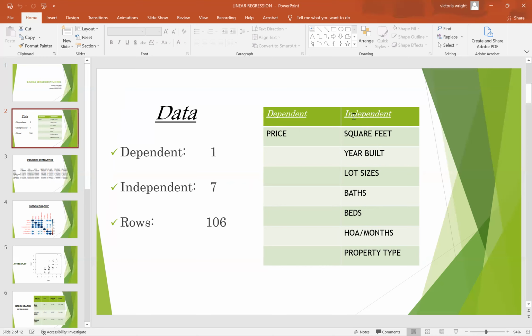The 6 independent variables are square feet, year built, lot size, bed, bath, and HOA per month, and the 1 categorical variable is property type.